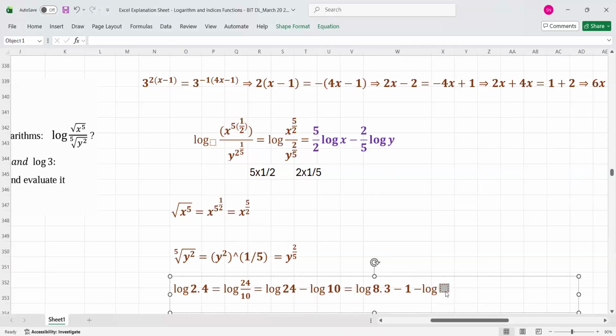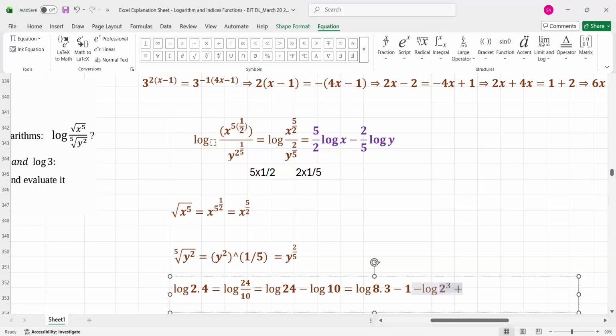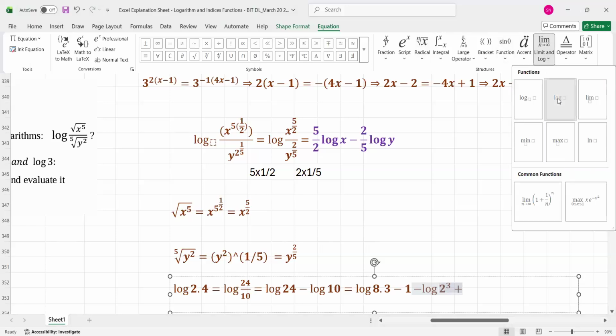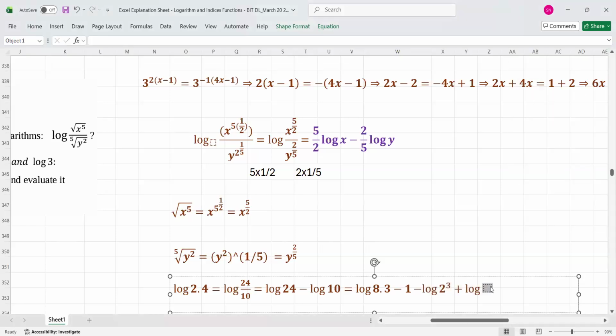Okay, so I have log 8. And for time's sake, I can write this as 2 raised to the power 3. That's 8. All this plus log 3. And then the last one is minus 1.